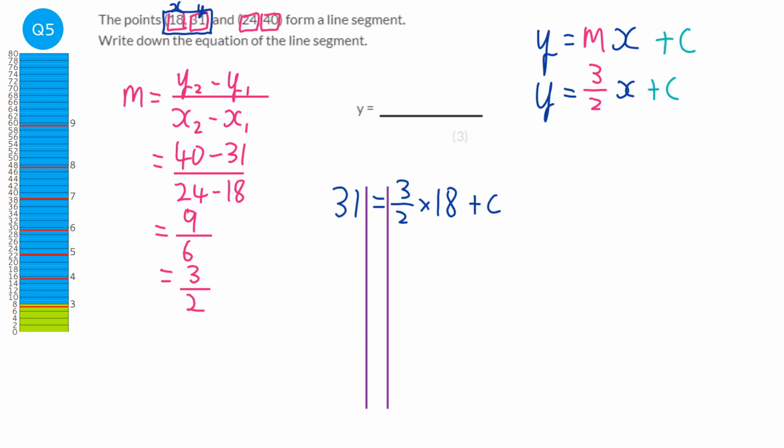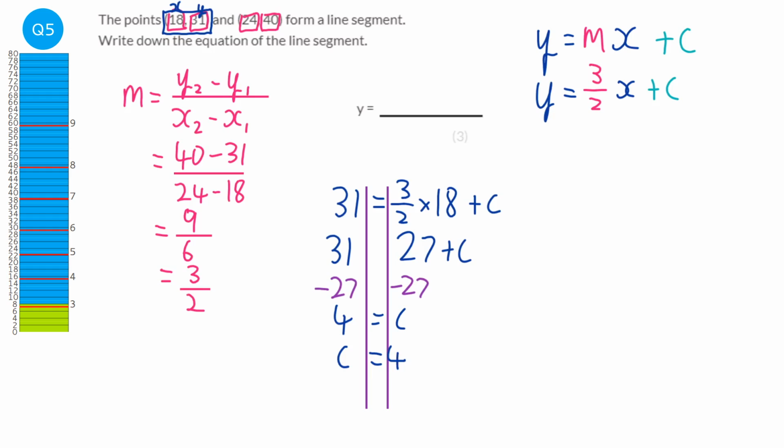There's going to be quite a few components here. We're going to do 3/2 of 18 first of all. So 3 over 2 times 18, well that's going to be 27. And then we're going to subtract 27 both sides. And when we do that, we get the fact that c equals 4.